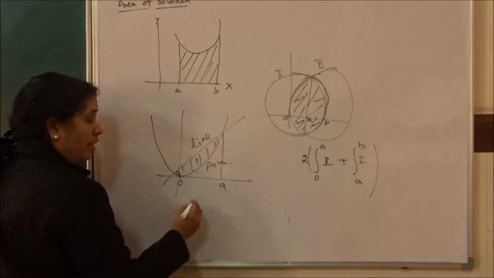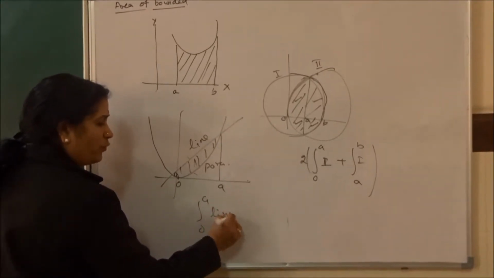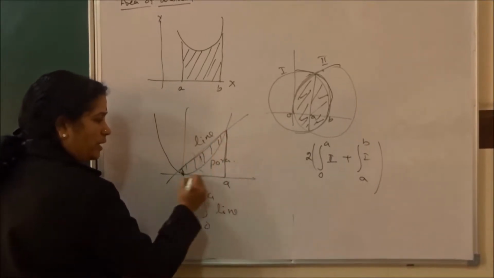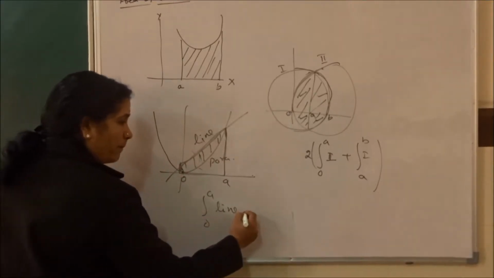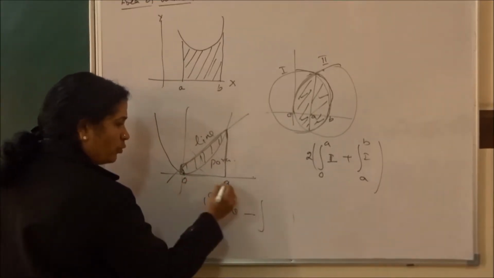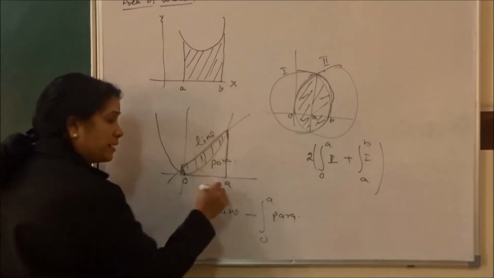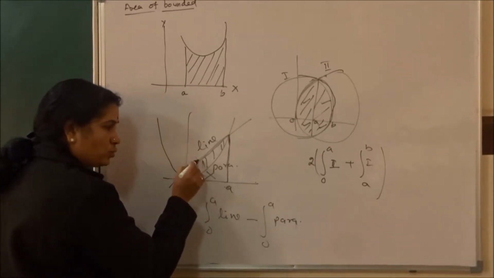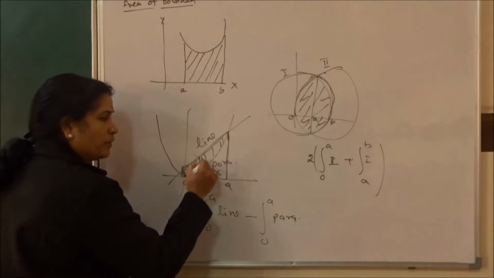Now integral 0 to A, if I take the equation of the line, whatever the area, this total area I will get. Clear to you? Now minus integral 0 to A of the parabola equation. What I told you, the area is always under the curve. If I deduct this part, I will get the between part.